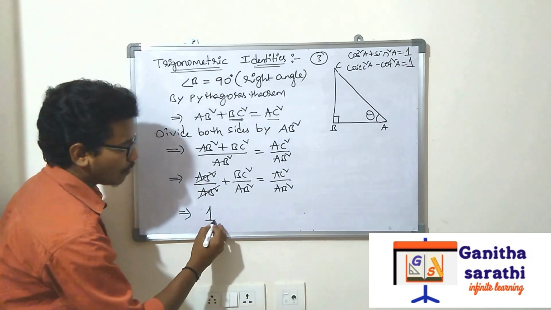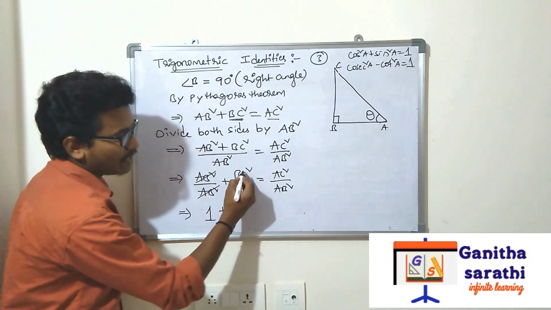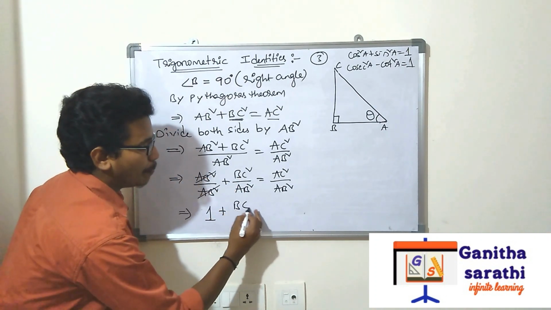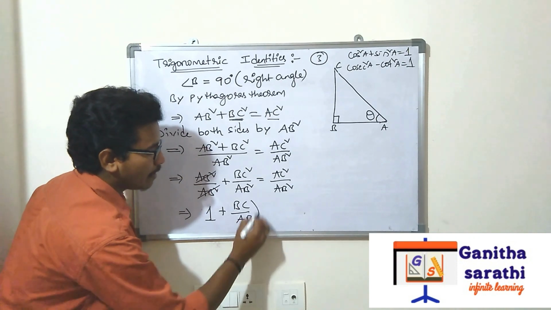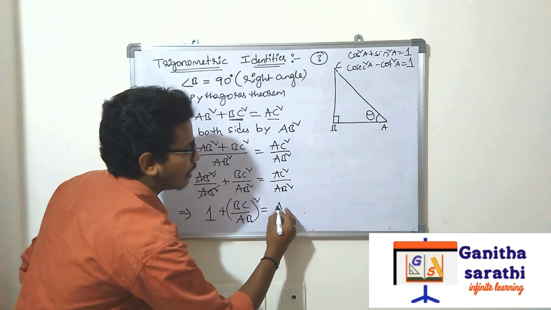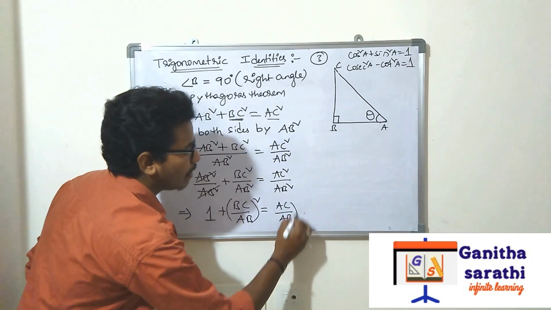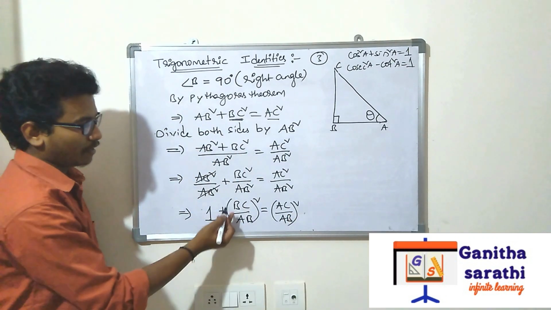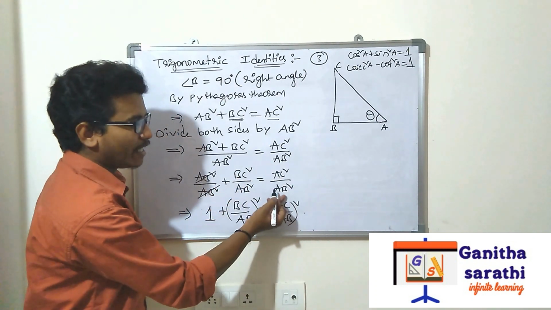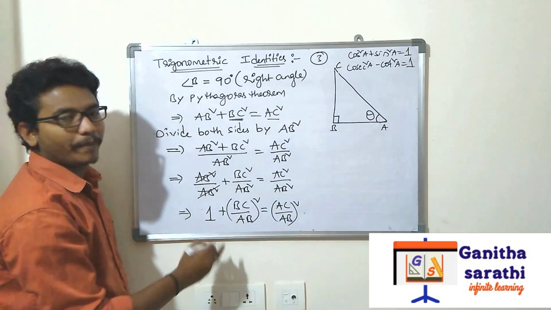So here it will be 1 plus BC square by AB square, which means BC by AB whole square. AC square by AB square means AC by AB whole square. Got it?